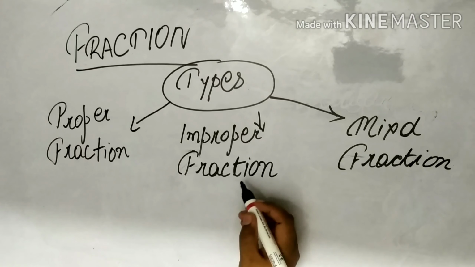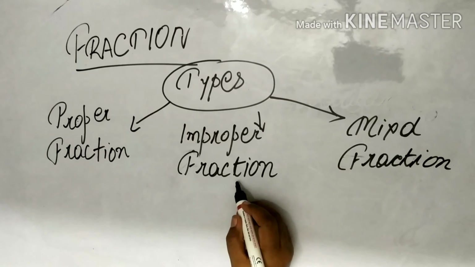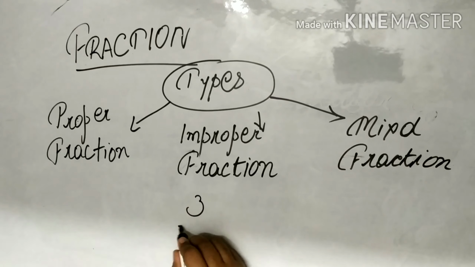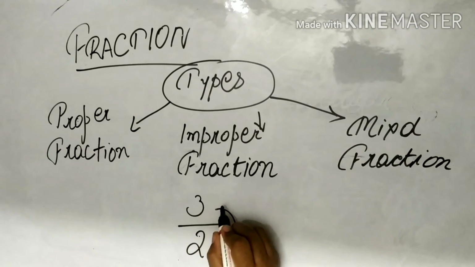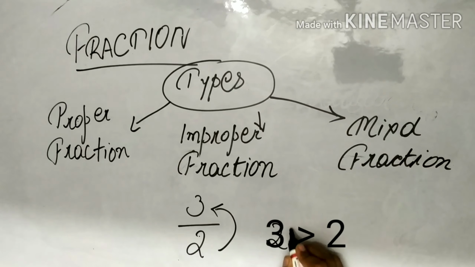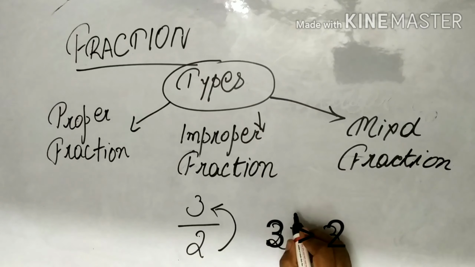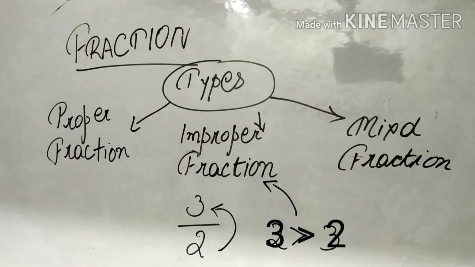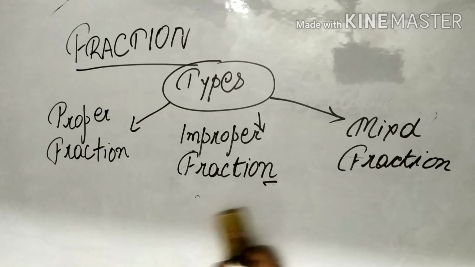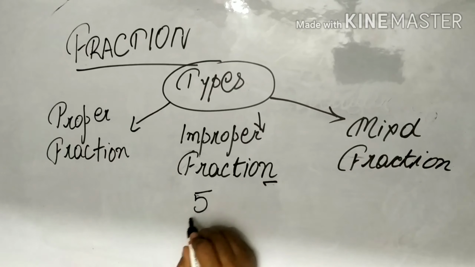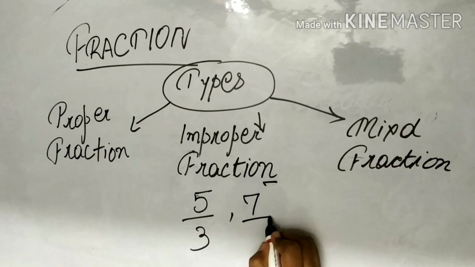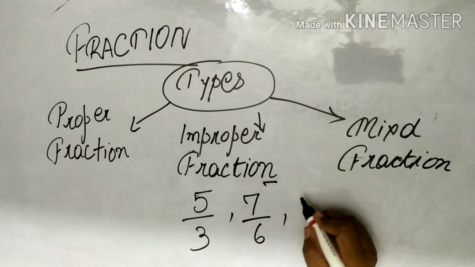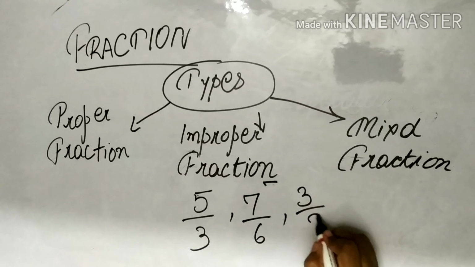Now we'll talk about improper fractions. Those fractions in which the denominator is lesser than the numerator are improper fractions. For example, we take 5 by 3 or 7 by 6 or 3 by 2.